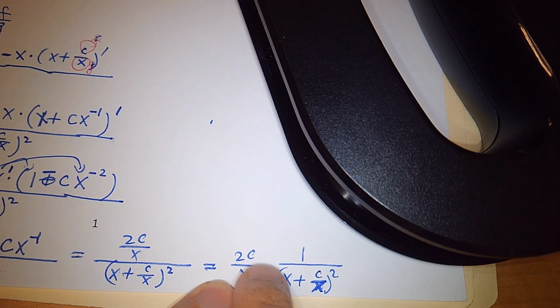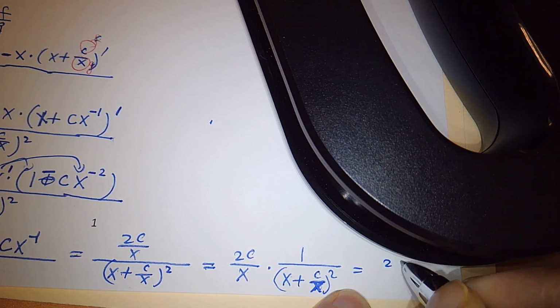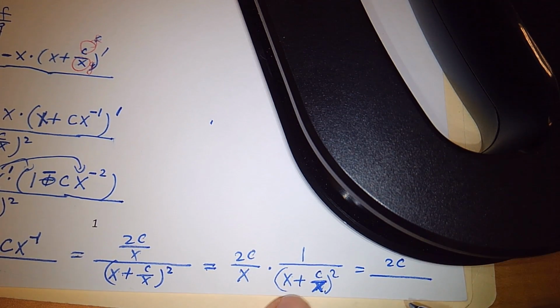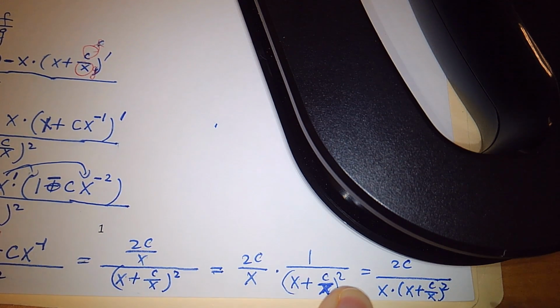So 2c times 1 gives us what? 2c. And then x times this is going to be on our bottom, which is x times x plus c over x squared. Okay, we can solve it here for this question.